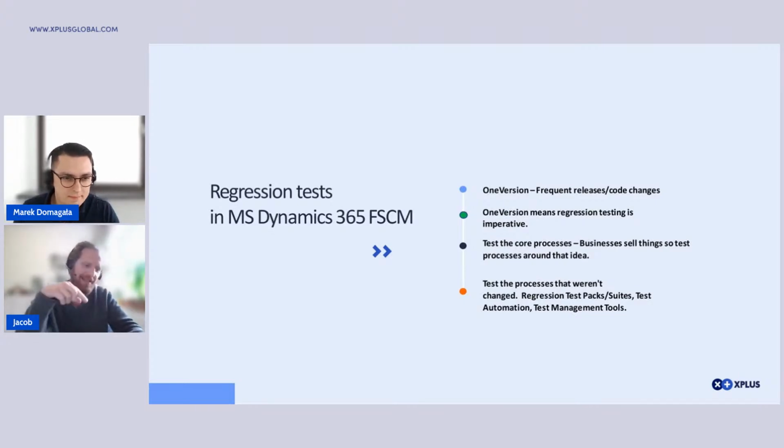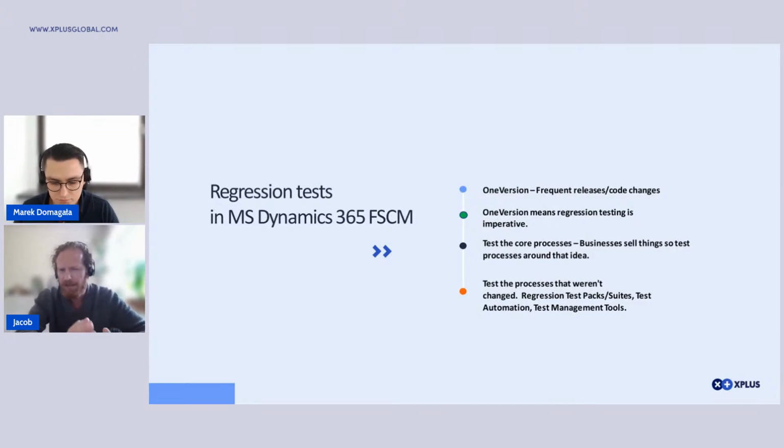And so the processes that surround the idea of selling, whether it's the sales process, the invoice process, or picking to packing, warehouse, all of those processes are key and core to the business making money. And so those are the ones that you should start testing. That's really the idea behind what you should be starting off with as a regression test package.